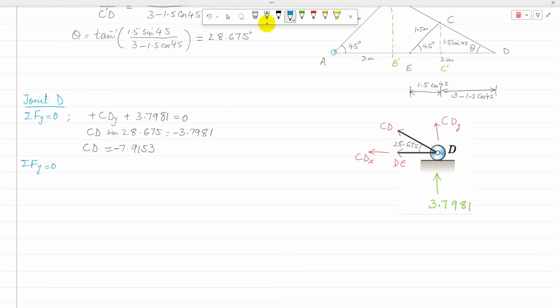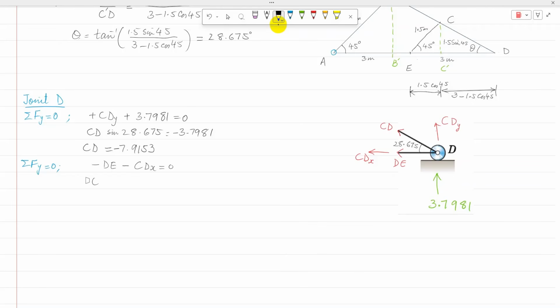So what we have here for sigma Fy, DE is towards the negative y axis. So DE is negative, minus CDX is equal to 0.